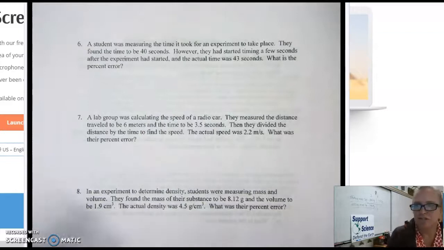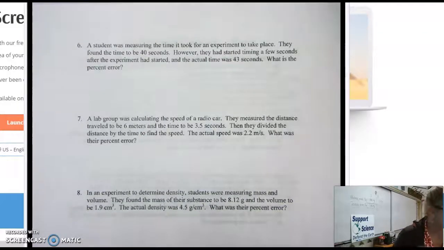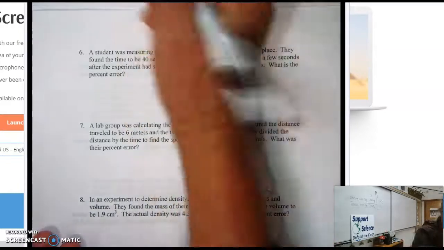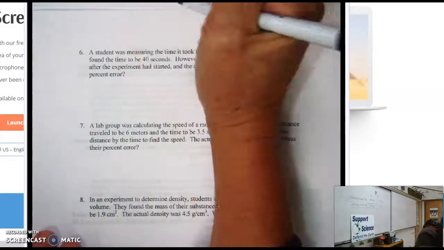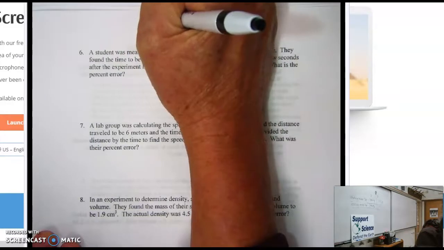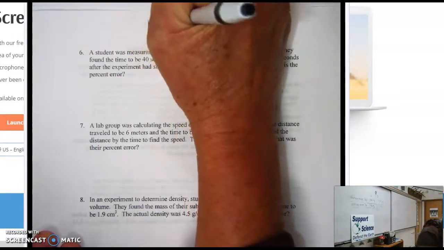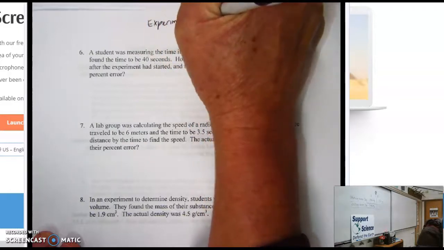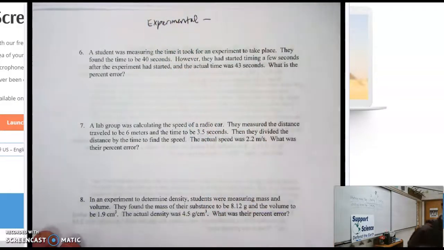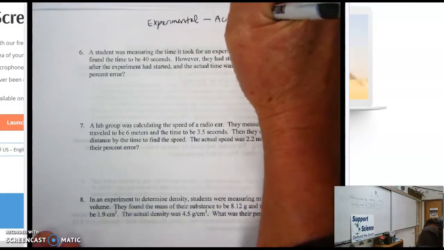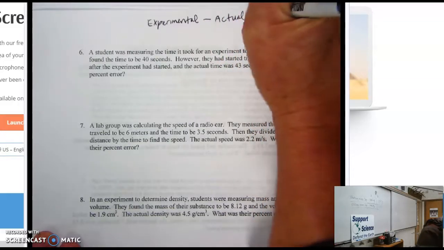Okay, so just remember the percent error formula: you're taking your experimental value minus your actual, the correct value.